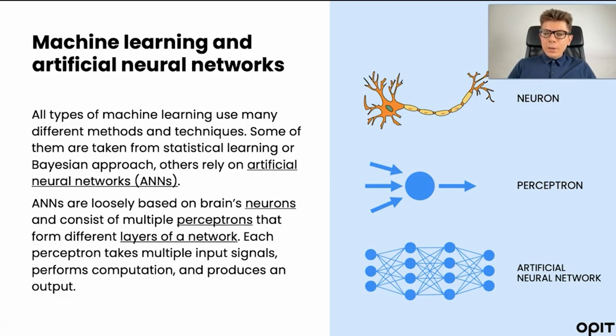And only then, when they are combined into such a network, and especially when the network has multiple layers, it is able to produce some amazing results because it uses multiple different approaches to computation and therefore is able to come up with some impressive results.